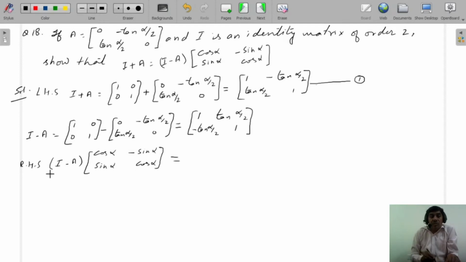Putting the value of I minus A, we get the matrix [1, tangent alpha by 2; minus tangent alpha by 2, 1] into [cos alpha, minus sin alpha; sin alpha, cos alpha].